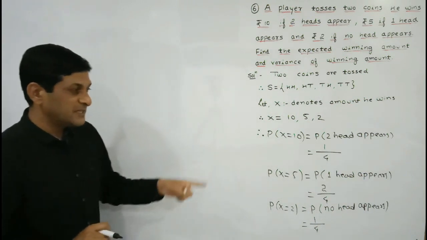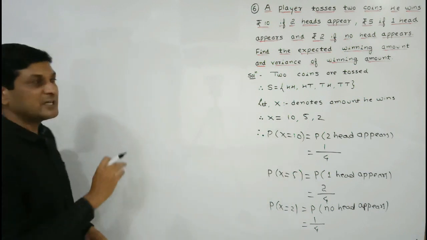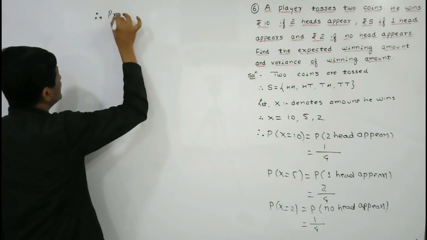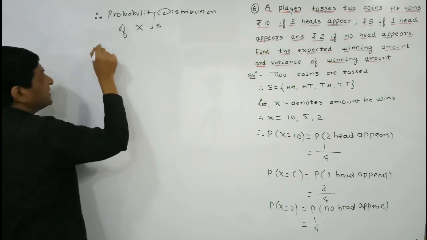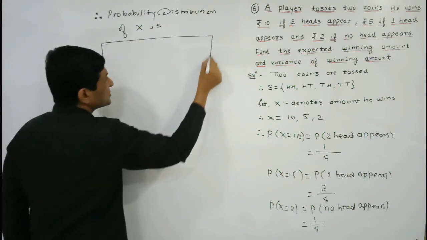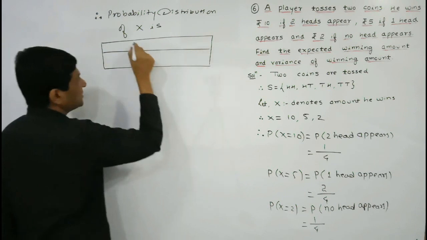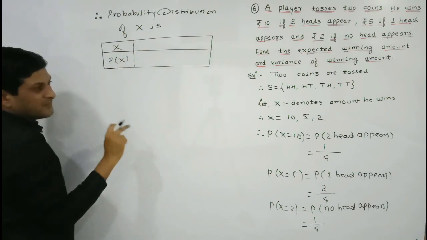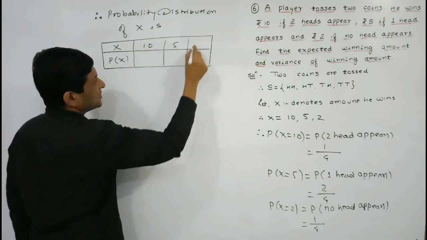Once the values of a random variable and their corresponding probabilities are known to us, write down the probability distribution. Whenever we write a probability distribution, first we write the values of the random variable, then their corresponding probabilities. The values of the random variable are 10, 5 and the third value is 2.